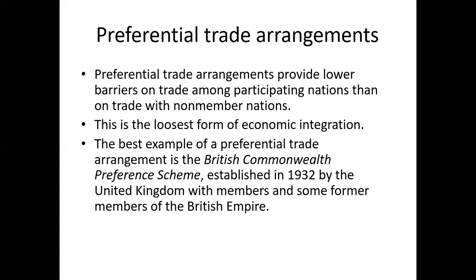But towards other countries, for example, towards the United States, India may have a different set of trade barriers. Preferential trade arrangement is the loosest form of economic integration. The best example of preferential trade arrangement is the British Commonwealth Preference Scheme established in 1932 by the United Kingdom with members and some former members of the British Empire.